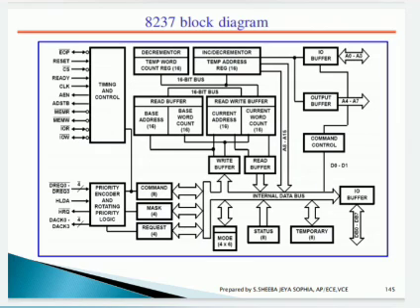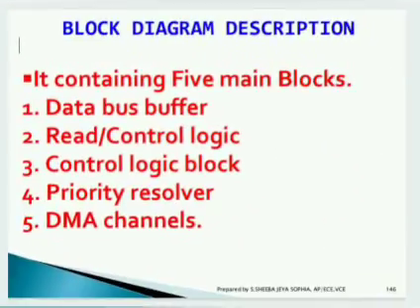This is the architecture of 8237. It has many units like timing and control, priority encoder and rotating priority logic, decrementer, incrementer, and a 16-bit bus for the read write data buffer. Apart from this, IO and output buffers are available for temporary storage of data. There are five major blocks in the DMA: data bus buffer, read write control logic block, priority resolver, and DMA channels.